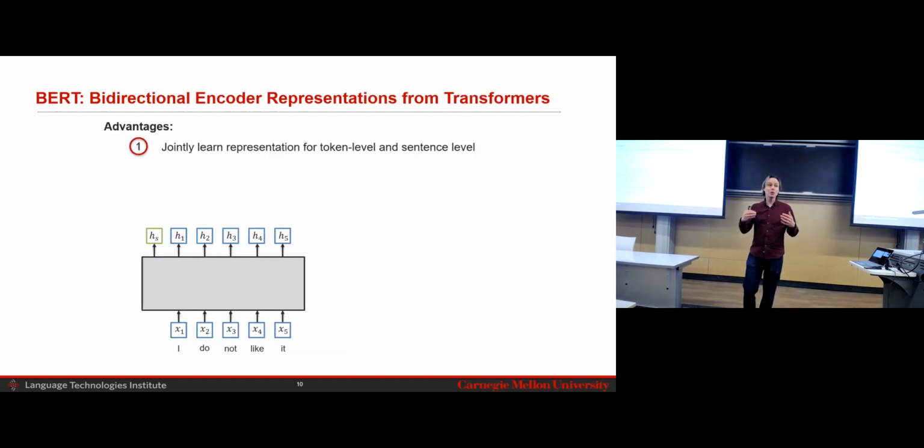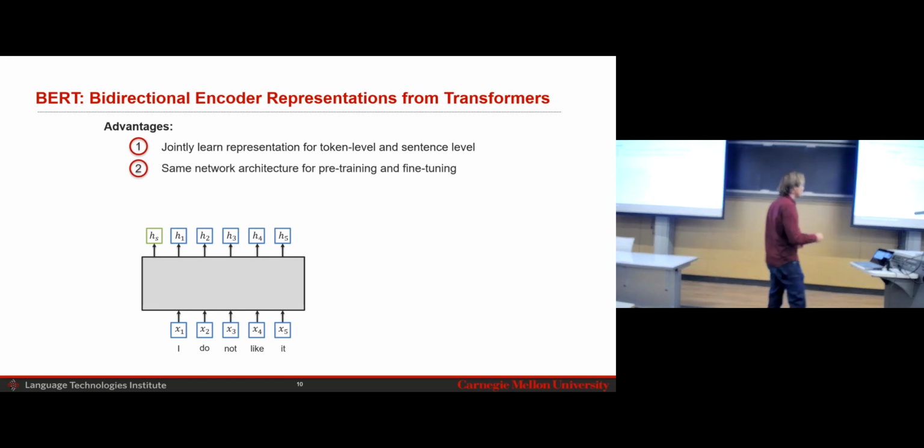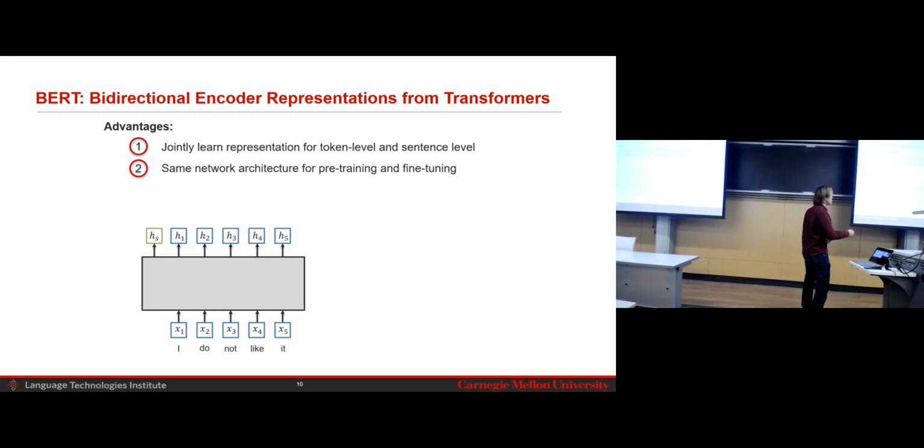So what's really nice is that it can be used in pre-training and fine-tuning. And I know by now, if you've done a little bit of deep learning, pre-training is a broadly accepted concept. In the last 5 years, it became a lot more popular. But the idea is that once I train my model, and that's what BERT is, it will allow me to learn jointly not only the representation of each word, but I will also add a special token to learn a representation of the whole sentence.